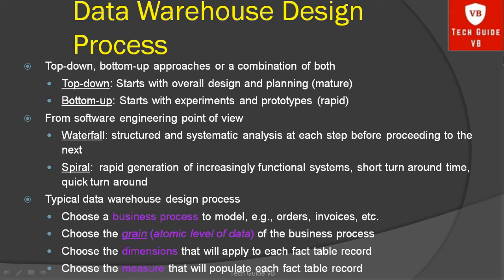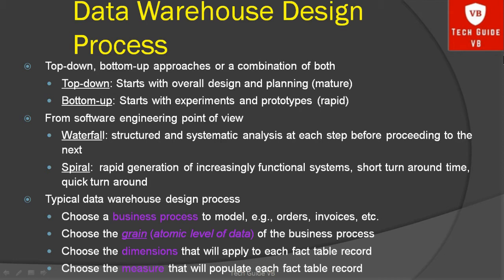And second is the spiral model, which is the rapid generation of increasingly functional systems, with quick turnaround time. So either we can use the waterfall or spiral model from the viewpoint of software engineering.